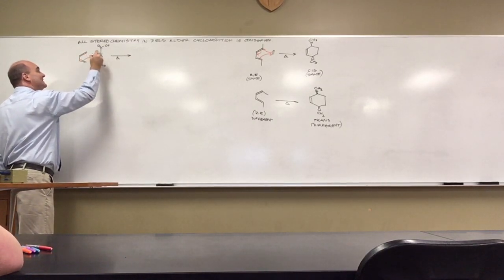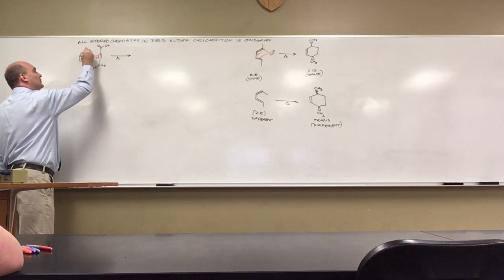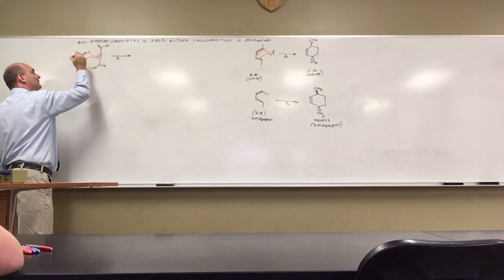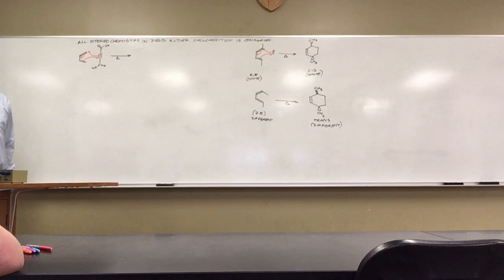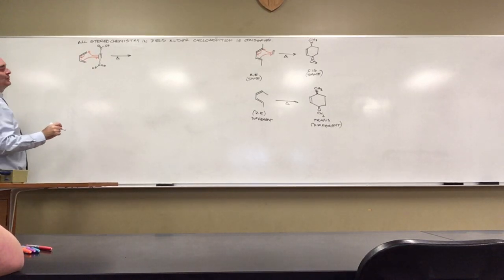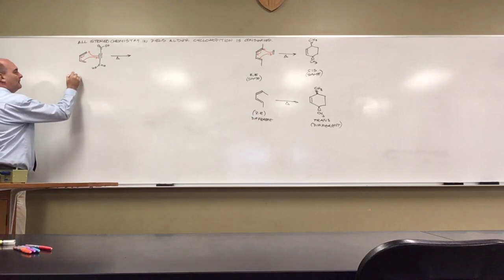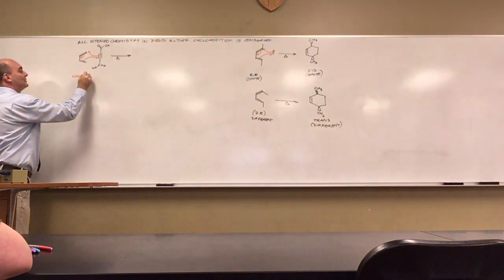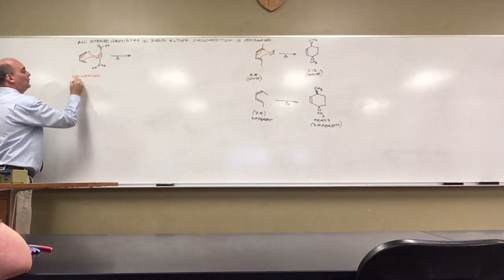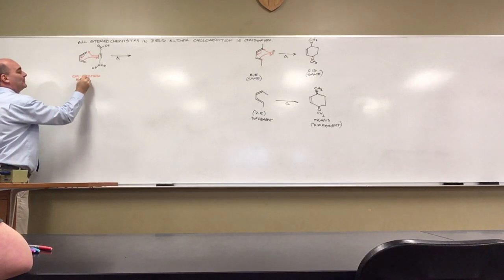Now we tend to write this out as if it's a cascade of electrons, but it's not. It's much more complicated than that. Those arrows all move at the same time.